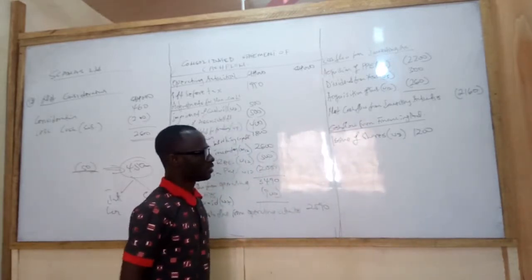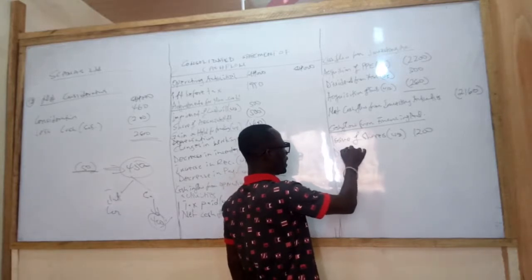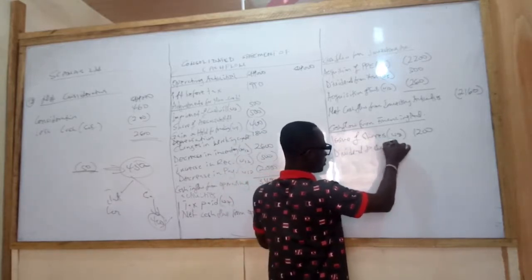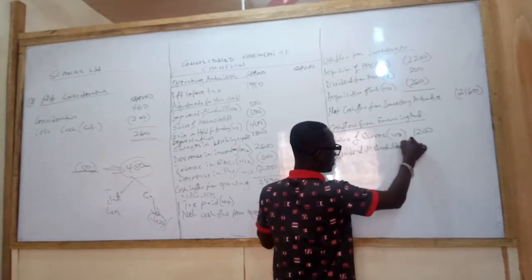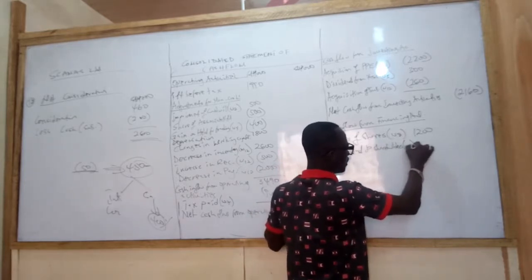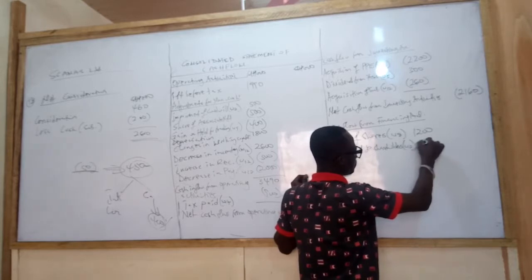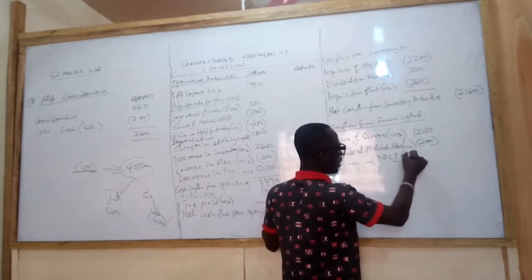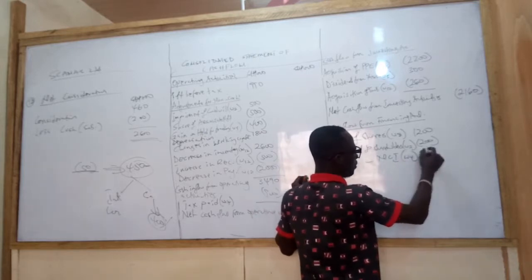Next. Dividend paid to the shareholders. Workings. How much? Dividend to NCI. Workings. How much?